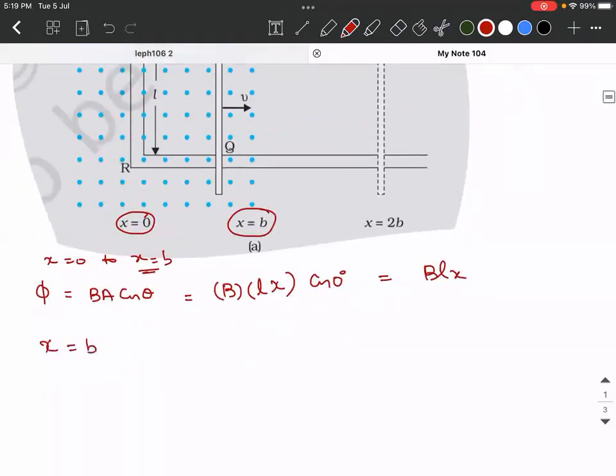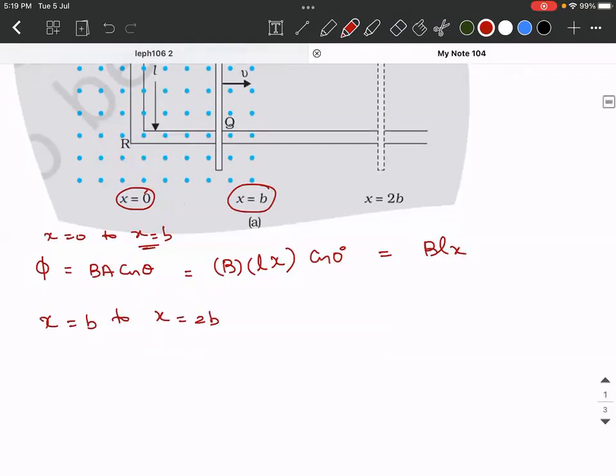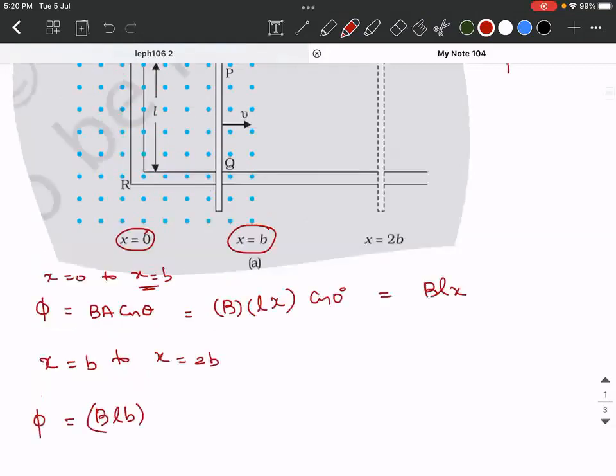When it moves from x equal to b to x equal to 2b, what is the value of flux? This will be B into L into b. It will not be 0, even though the magnetic field is 0 from b to 2b.